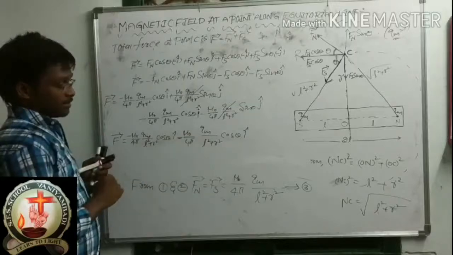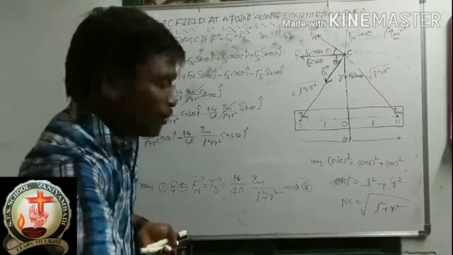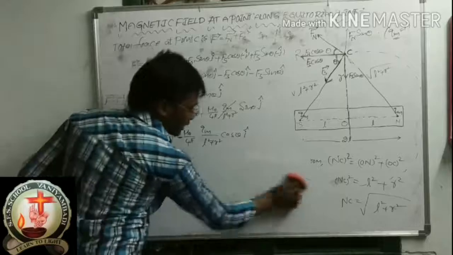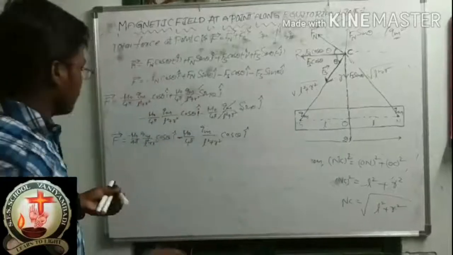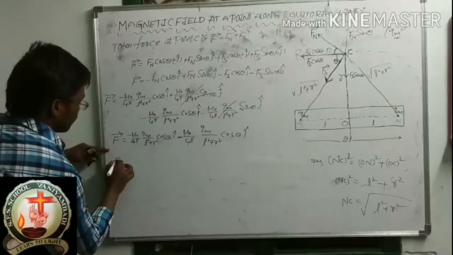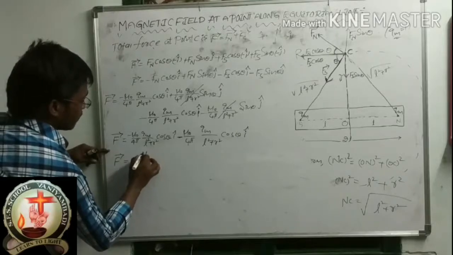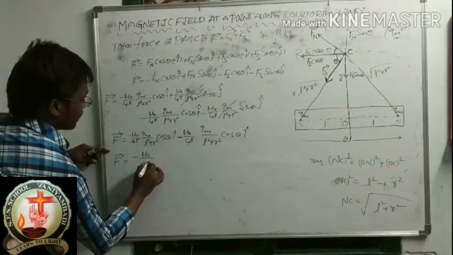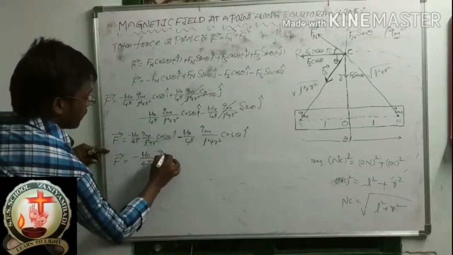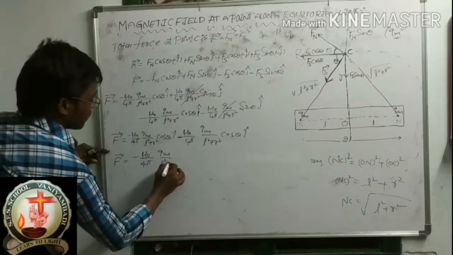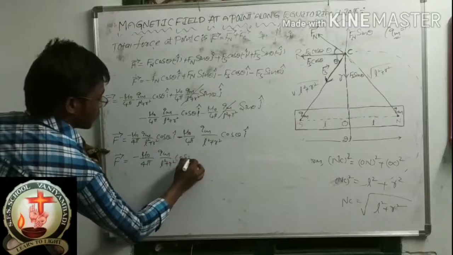Minus minus. So I will take all the things common. F bar is equal to, taking all the terms common, minus mu naught by 4 pi qm by L square plus R square cos theta I cap.